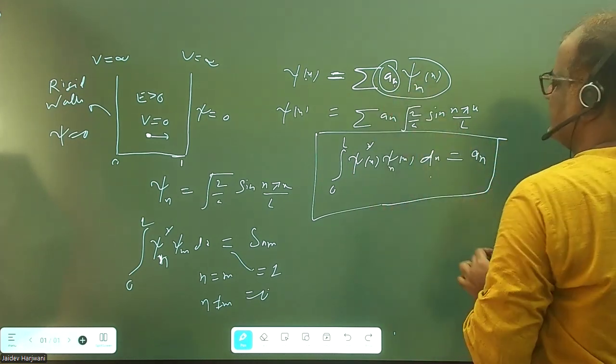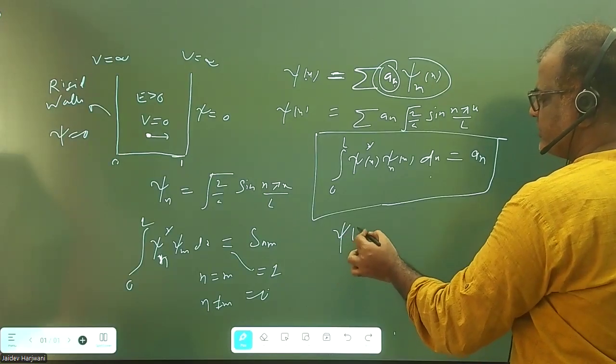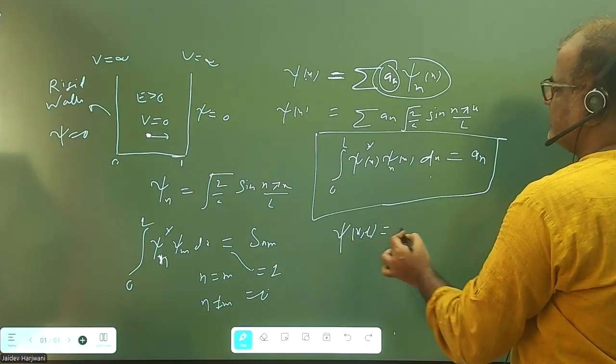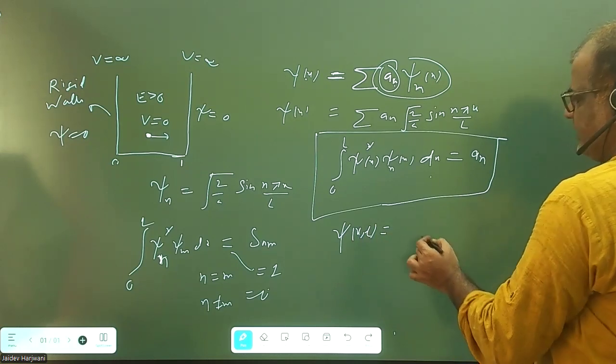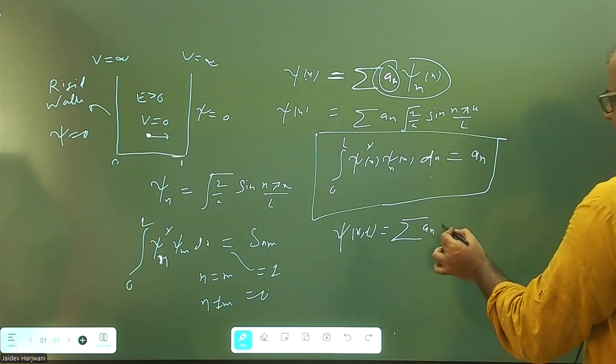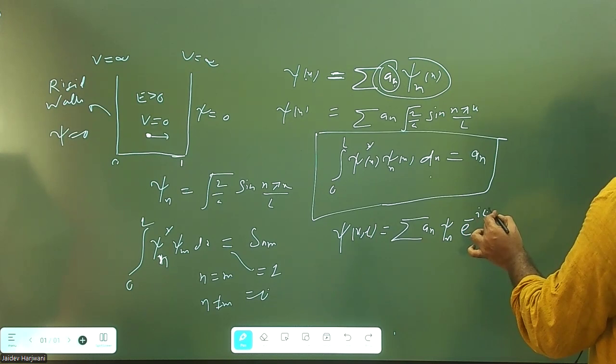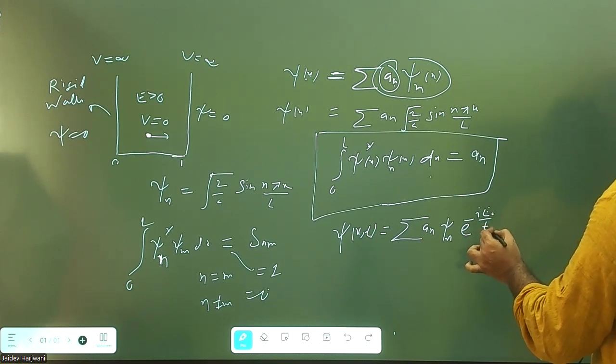Okay, so now we have a n also. We can expand in terms of psi n, and if I want to write the stationary solution psi of x and t, it will simply be the sum of a n psi n e power minus iota E n upon h cut t.